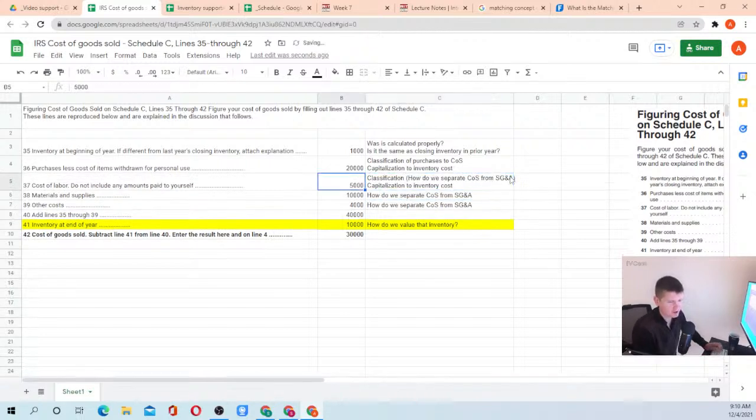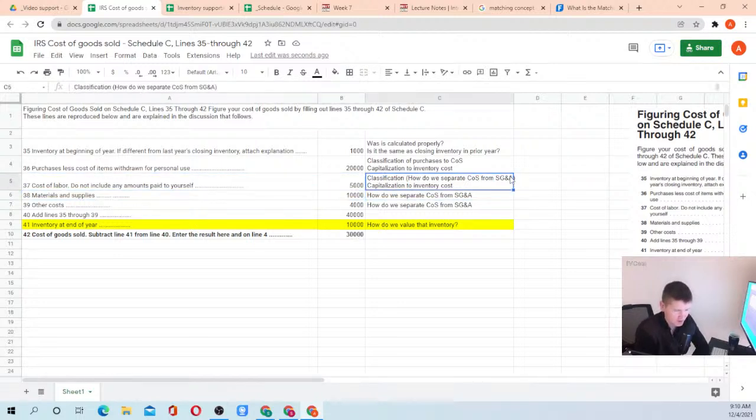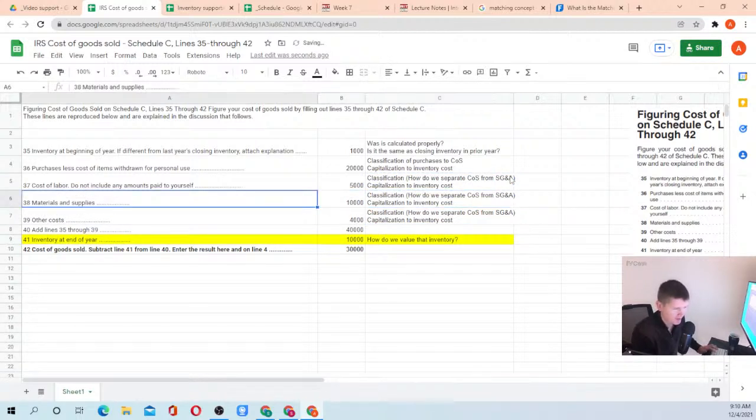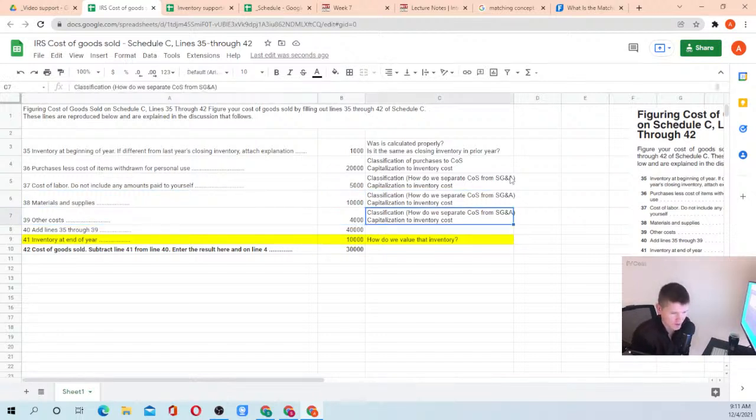Most of the production costs should be capitalized, as well as warehousing costs. Materials and supplies, it's basically all the same. So whether we allocate it to cost of sales and whether we capitalize it into inventory cost.